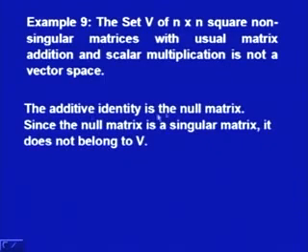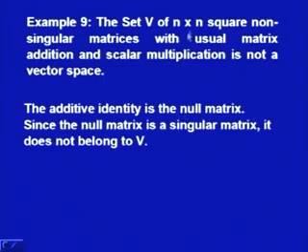the additive identity is the null matrix. We have proved that the null matrix is the additive identity, but the null matrix is not a non-singular matrix. The null matrix has determinant 0, so it is a singular matrix.